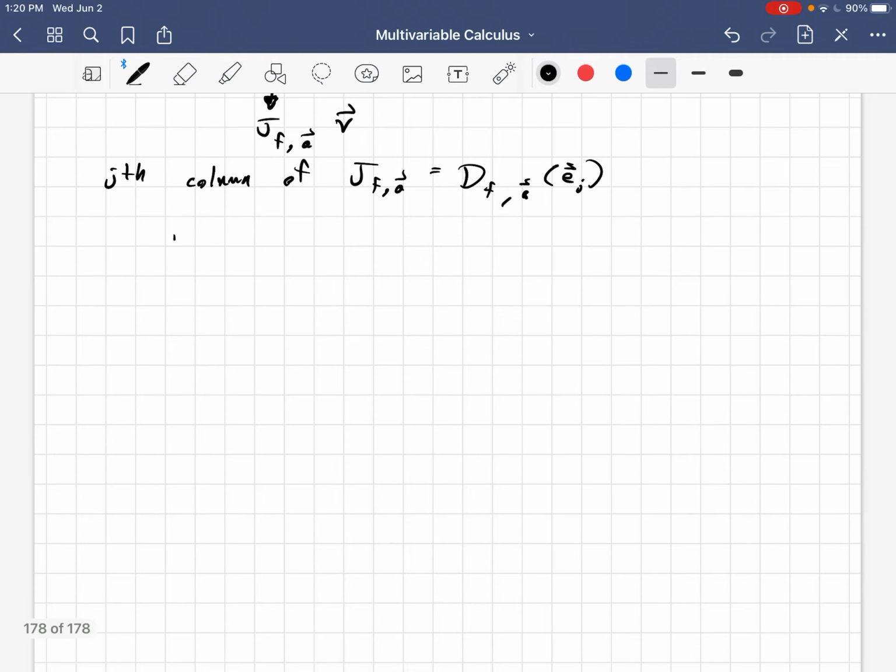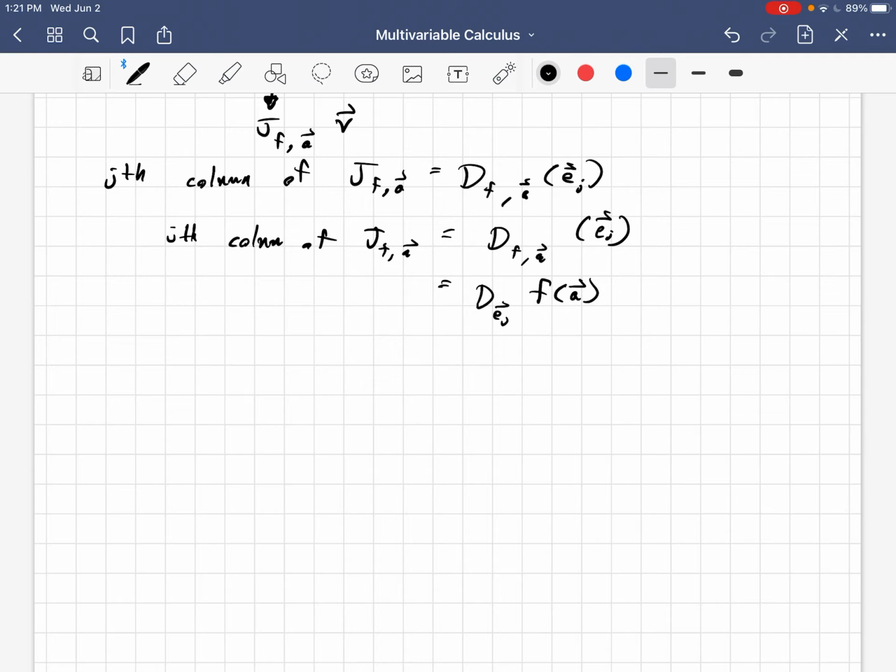So the jth column of J f at a would be the derivative transformation corresponding to an input of the jth standard basis vector, which we could write as a directional derivative, the directional derivative in the direction of the jth standard basis vector of the function evaluated at the point a.